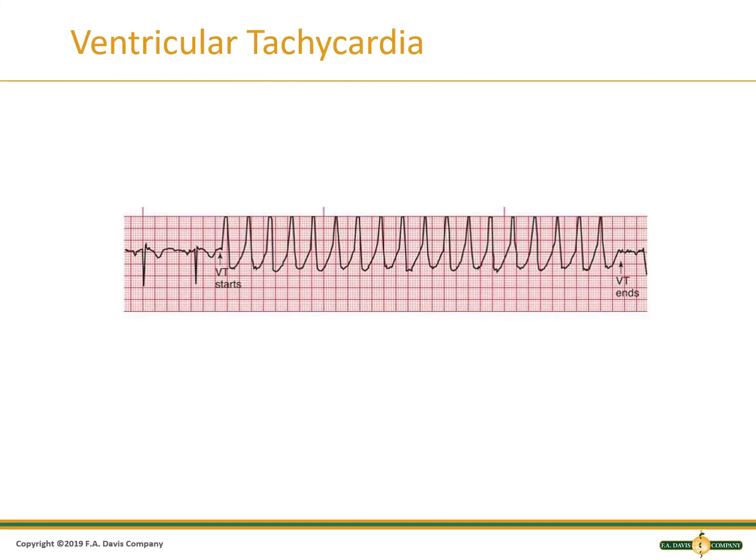The occurrence of three or more PVCs in a row is called ventricular tachycardia, VT. It results from the continuous firing of an ectopic ventricular focus. During VT, the ventricles become the pacemaker of the heart rather than the SA node.